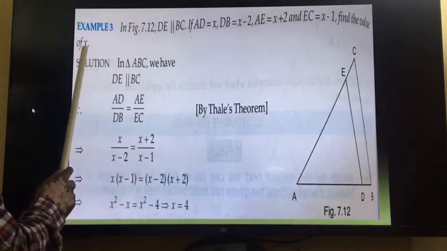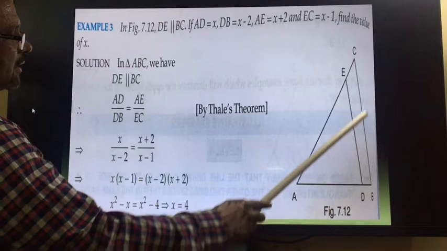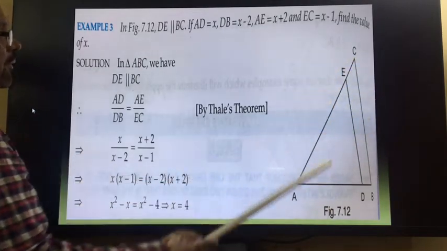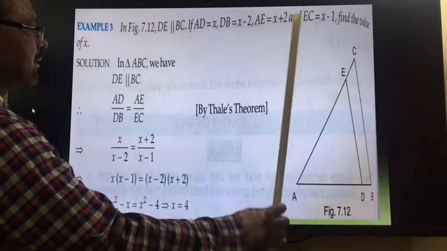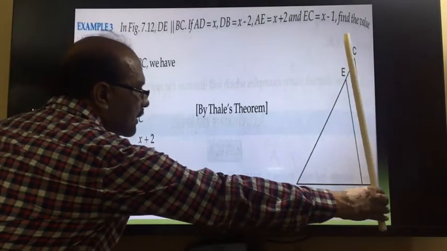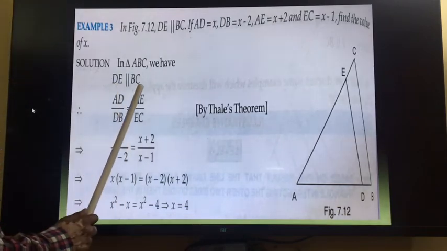We have to find the value of x. Here in this case the base line is BC. They have rotated the triangle in this case. So this ED line is parallel to CB line, so DE line is parallel to BC.